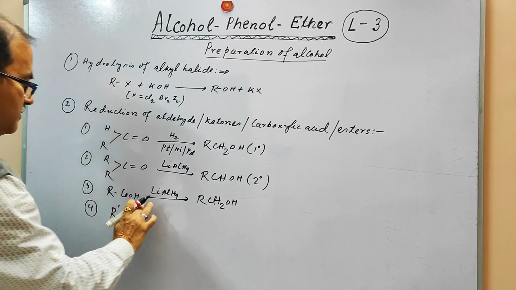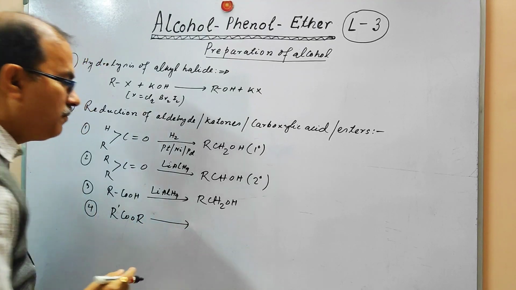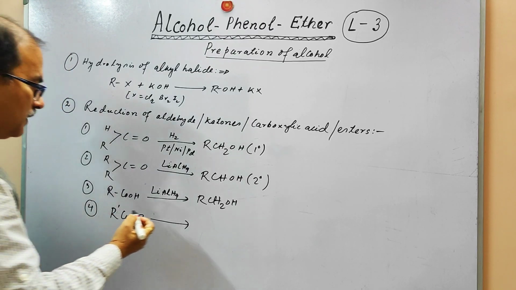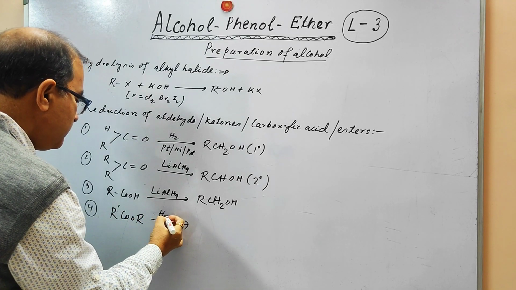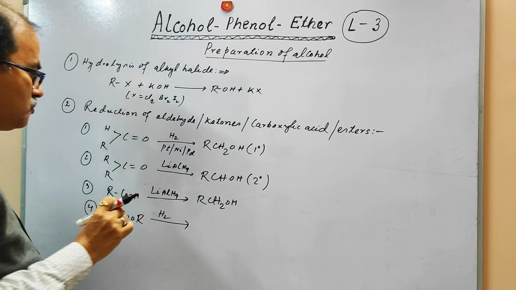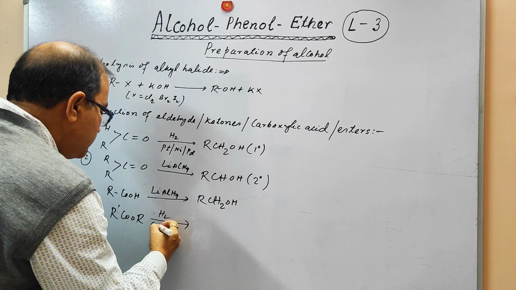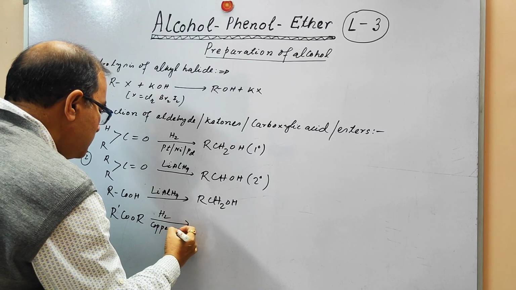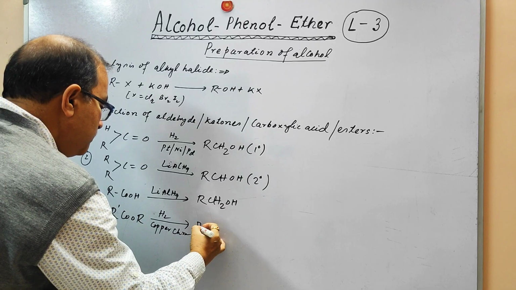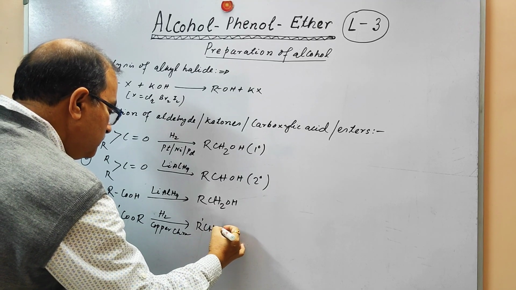COOR. This is ester. Ester is prepared with the help of alcohol and the carboxylic acid, and when it is being reduced, the reducing agent is copper chromate. Copper chromate you are using as a reducing agent, so at that time it will produce alcohol.